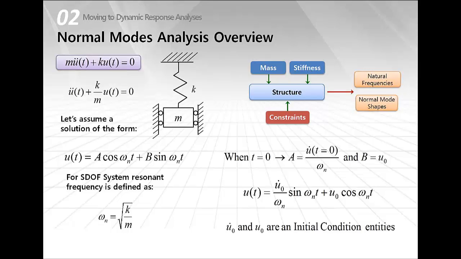From this, we can assume the following solution. This solution includes a very important parameter, called the resonant frequency, which, as you see, is defined as the square root of K divided by mass. And this is the only parameter we are looking for.